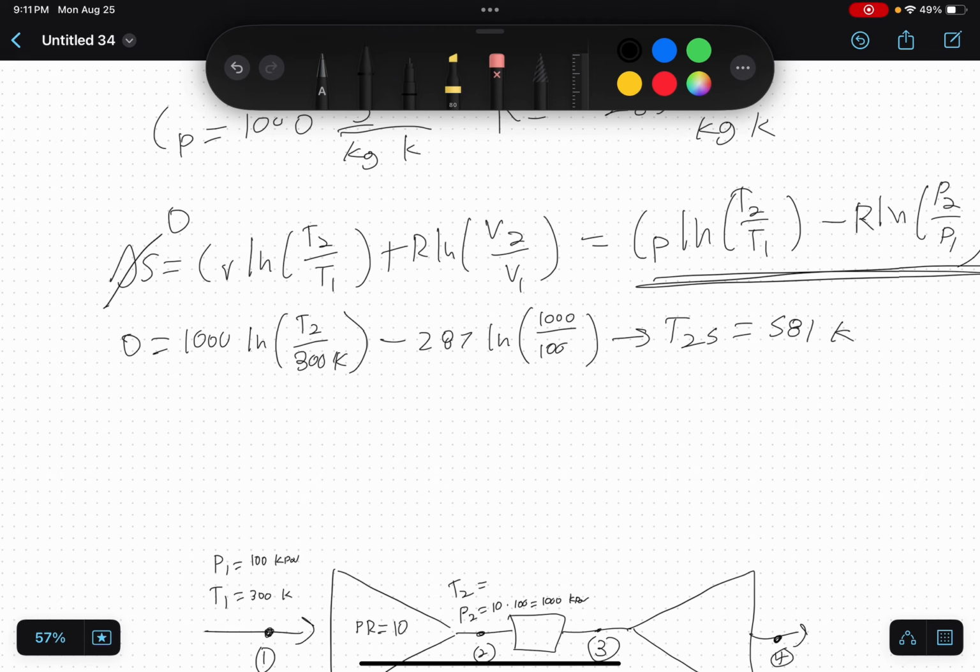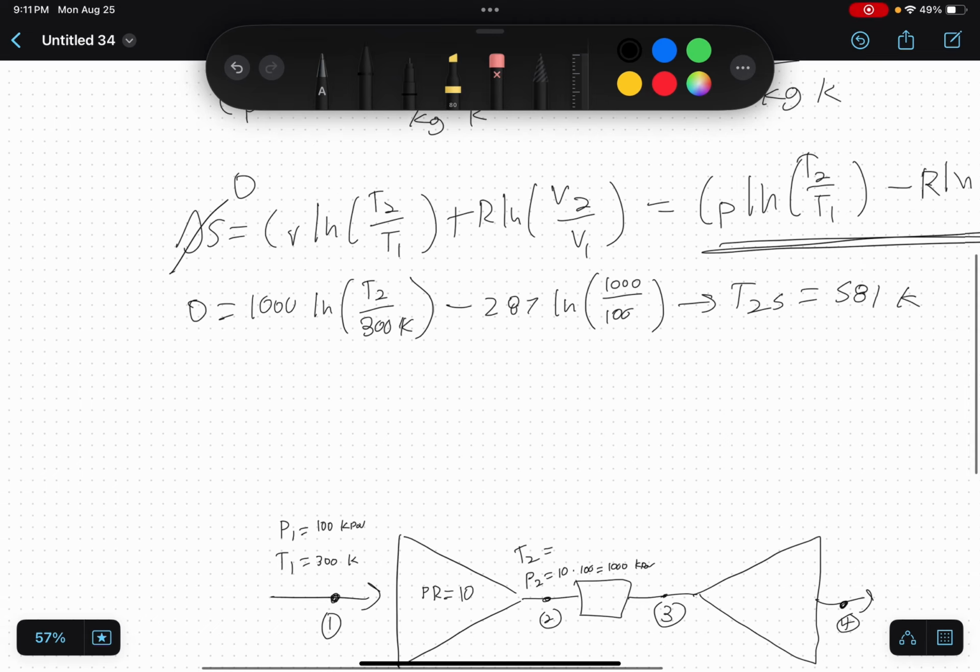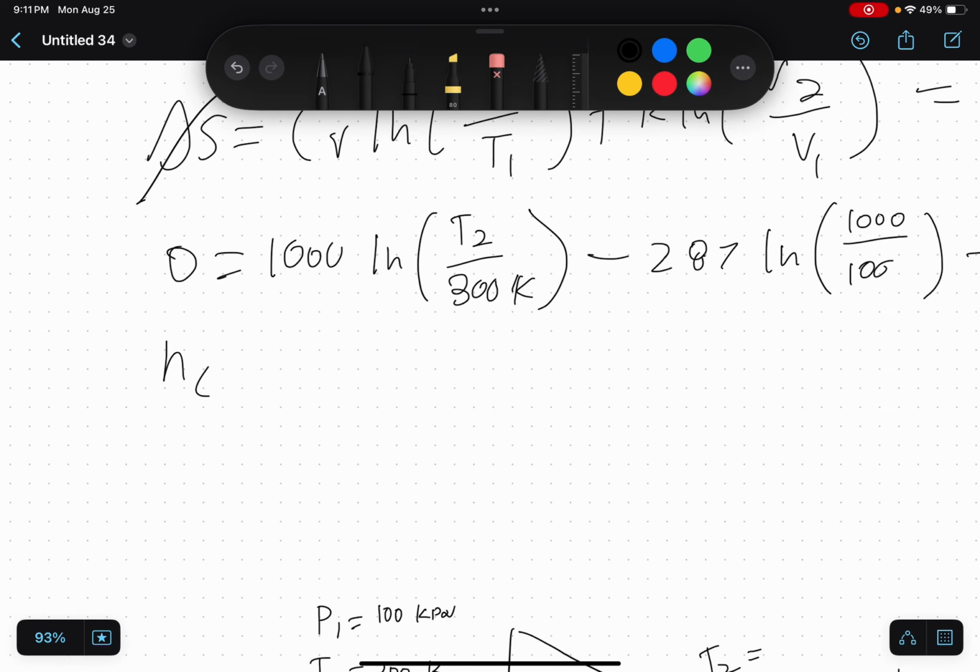I remembered it by looking at my equation sheet. So the efficiency of a compressor is isentropic work over the actual work.